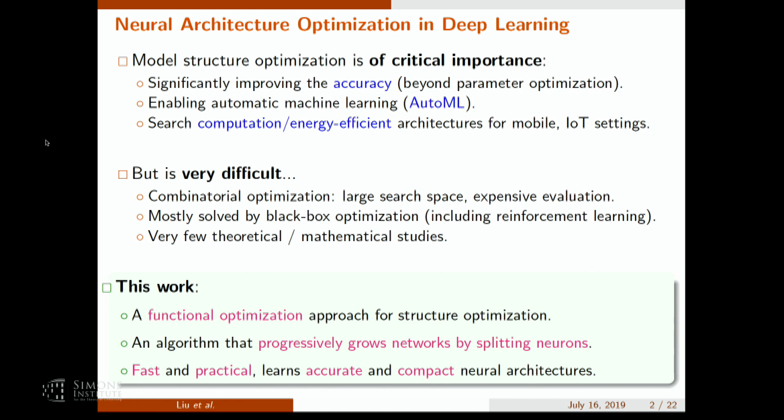I will explain very quickly what it means. Then we will develop a quite practical and simple algorithm that incrementally grows a neural network iteratively by splitting neurons into multiple copies. I will also explain what this means. In the end, this algorithm is quite practical, fast, and allows us to get compact and accurate architectures for many practical problems.